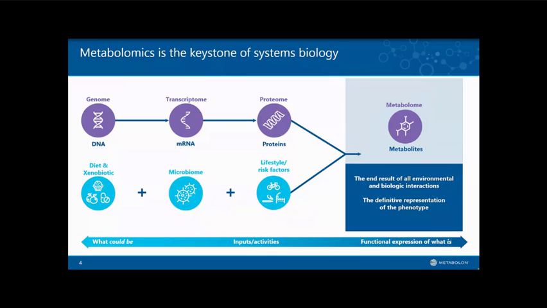Transcripts, RNA, go through a wide array of post-transcriptional modifications, such as splicing and processing, and proteins undergo a bewildering array of post-translational modifications, myristylation, phosphorylation, nitrosylation, etc. Unlike these, metabolites are conserved from bacteria to humans, and that structural conservation implies functional conservation, such that the TCA cycle, for example, is conserved in bacteria as it is in humans, and that helps us understand how they work across different model systems.